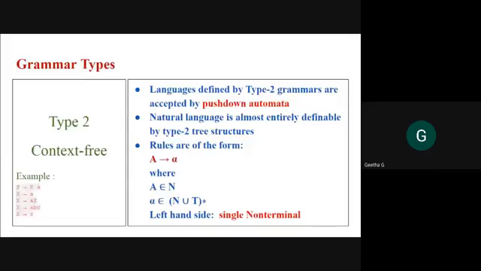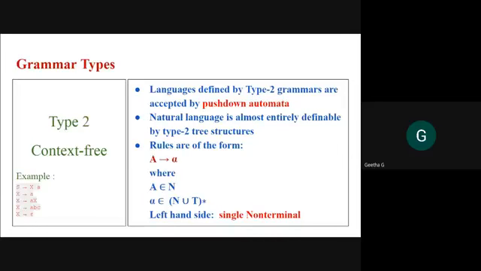Some particular languages are not regular. Context-free languages cannot be recognized by finite automata. At that time I need a different type of automata, so I am going for push-down automata.